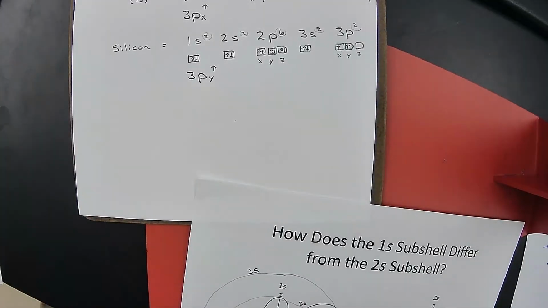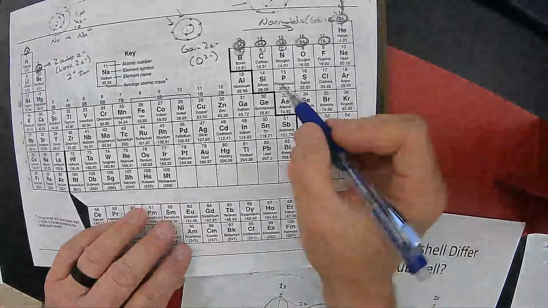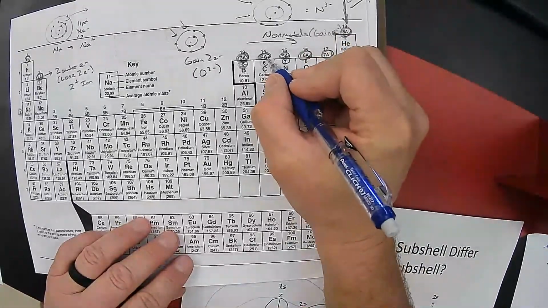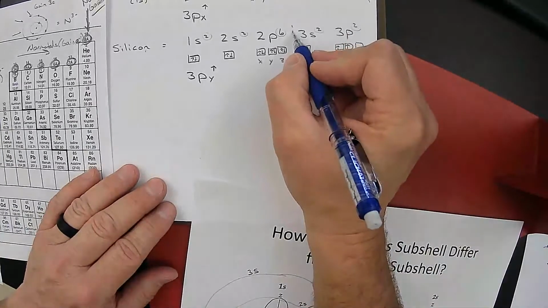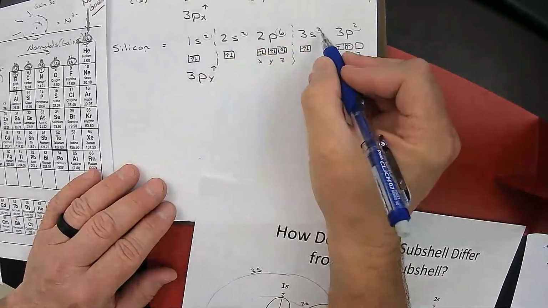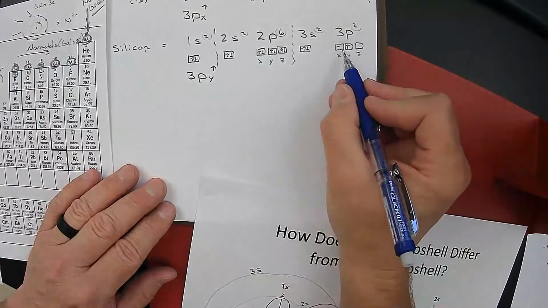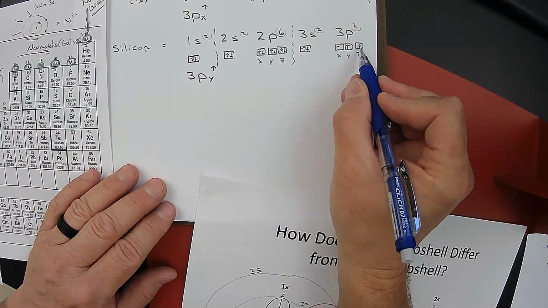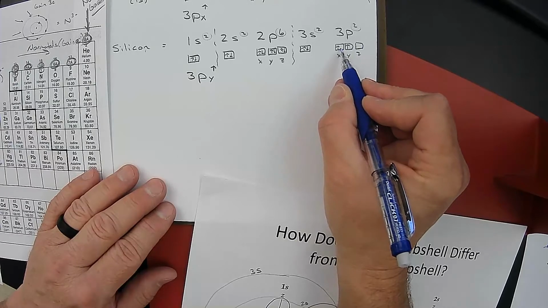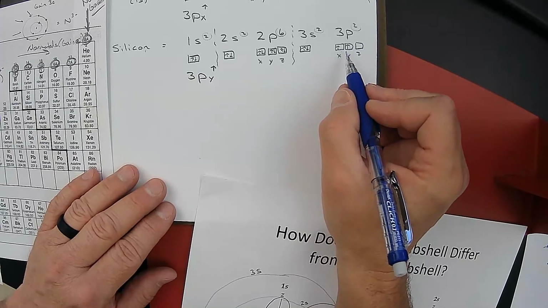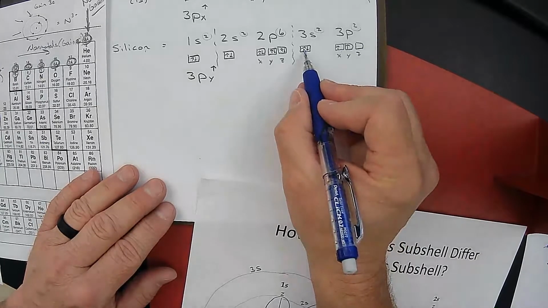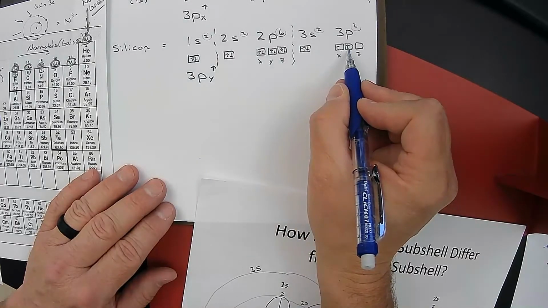Now, what is silicon going to do? It's in column 4A, so it has 4 electrons on the outside. Where are those 4 electrons? Well, 2 of them are in the 3s, 2 of them are in the 3p. So is it going to gain 4 to put 2 right there, 1 right there, and 1 right there? Or is it going to lose 4, these 2, this one, and this one?